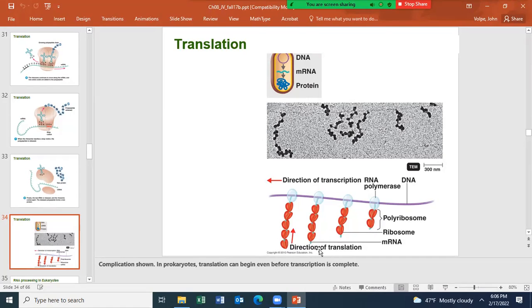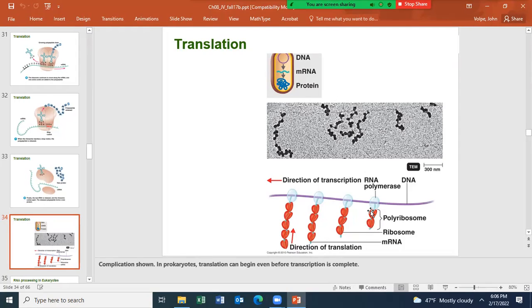But in prokaryotes, you can notice that ribosomes can bind to the messenger RNA while it's still being made. And then the ribosomes are in the cytoplasm, so they can start translating the messenger RNA even before the messenger RNA is completely transcribed.